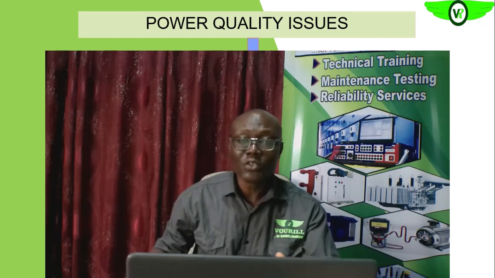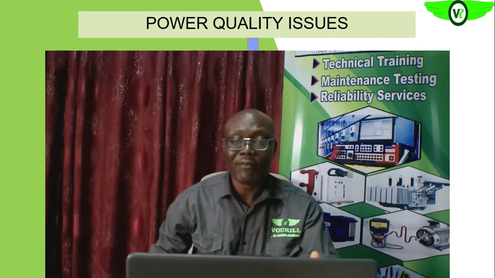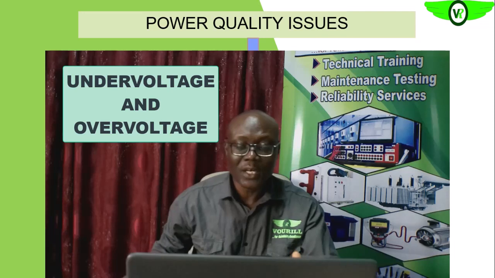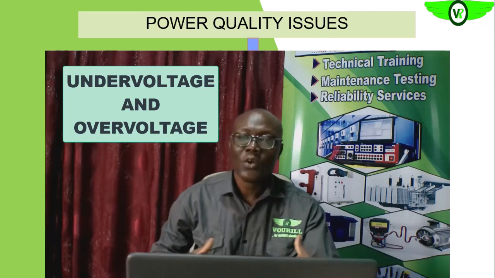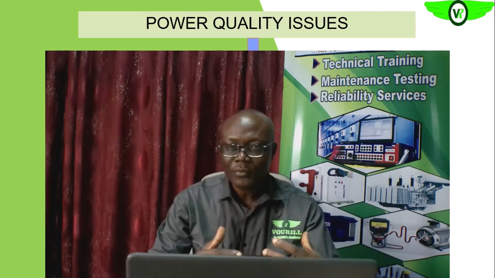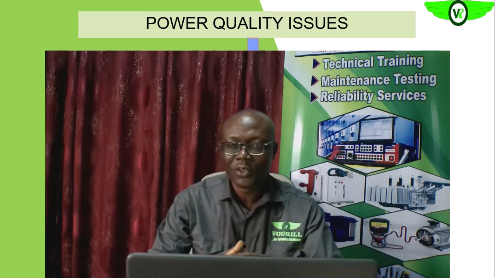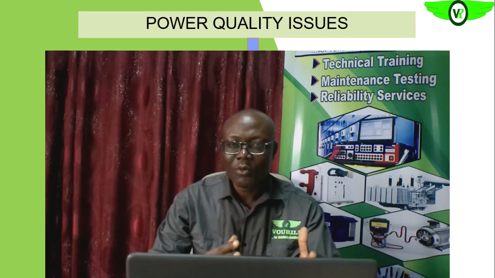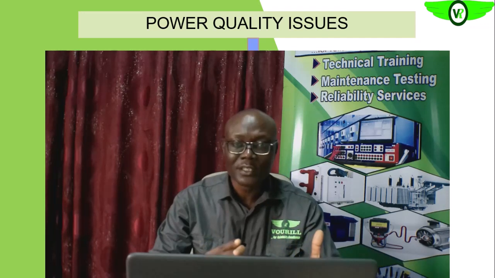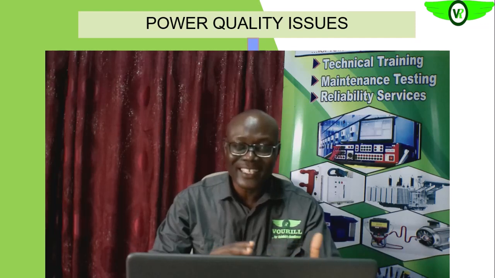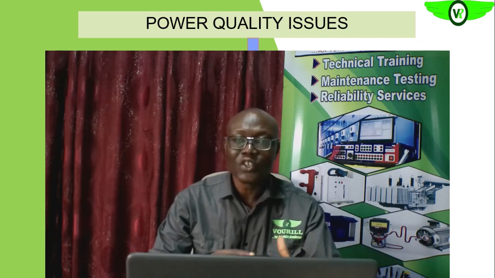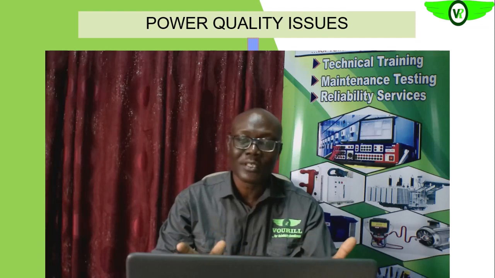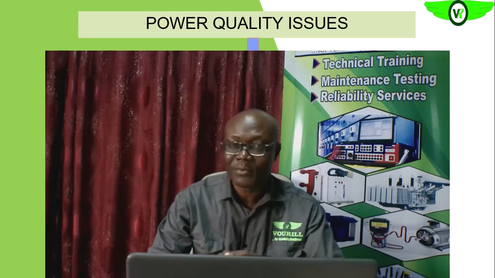So next we are going to look at under voltage and over voltage. When we say under voltage, what we mean is that the voltage is less than the normal voltage level that we expect in our system.